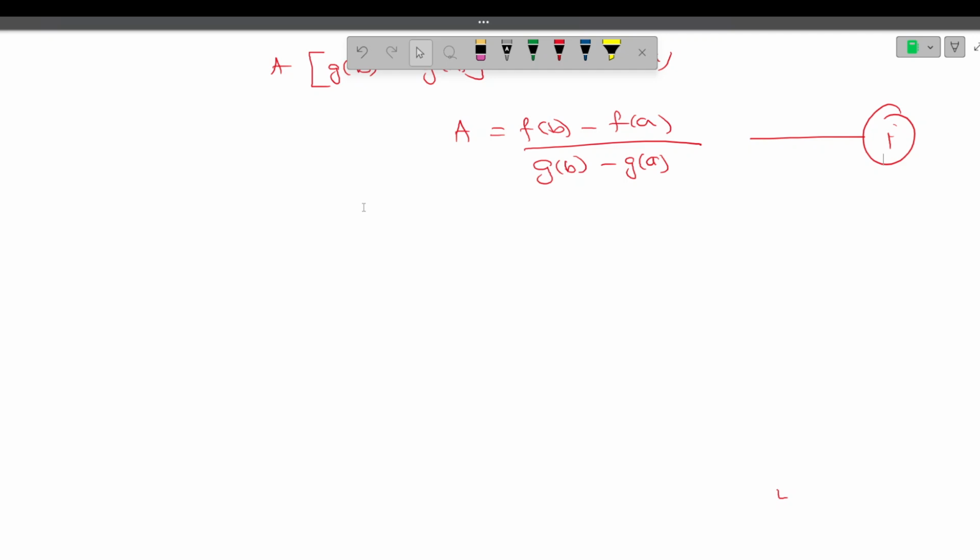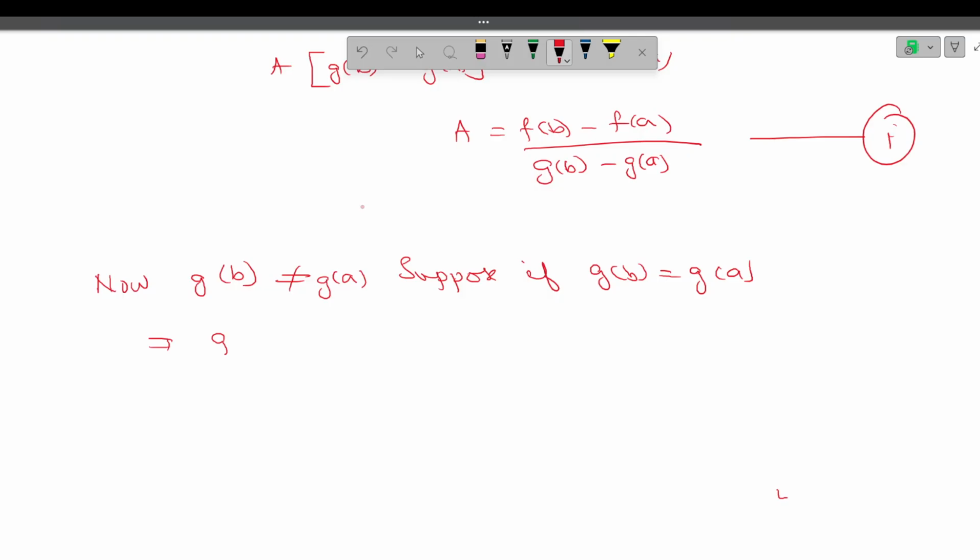Next. Now, suppose g of b equal to g of a. Then g of x satisfies all the three conditions of Rolle's theorem.